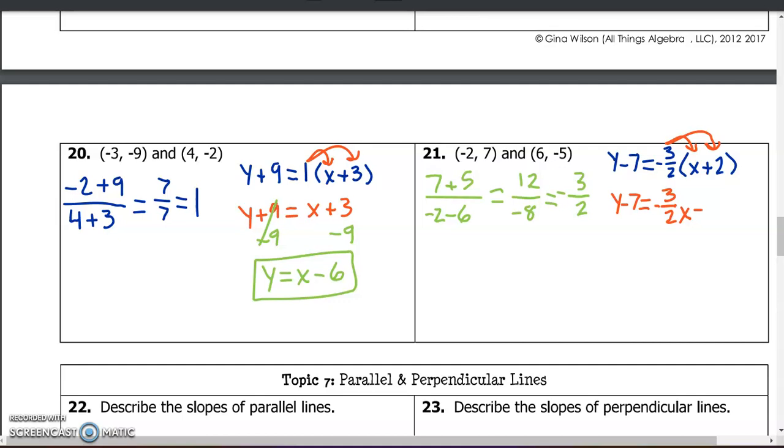And then 6 divided by 2 is 3, so minus 3. Then my last step is just getting rid of that minus 7 by adding 7 to each side. So those cancel out. I get y equals negative 3 over 2x. And then negative 3 plus 7 is going to be plus 4. And that would be your answer.